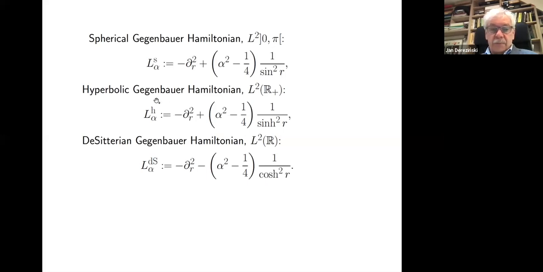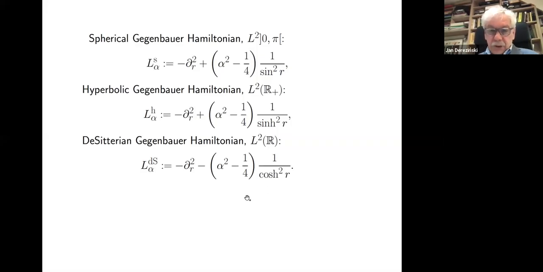Then there is the hyperbolic Gegenbauer Hamiltonian when you have sinh squared, and what we call the de Siterian Hamiltonian with 1 over cosh squared. In this talk, there are so many formulas that I will not describe the Green functions.